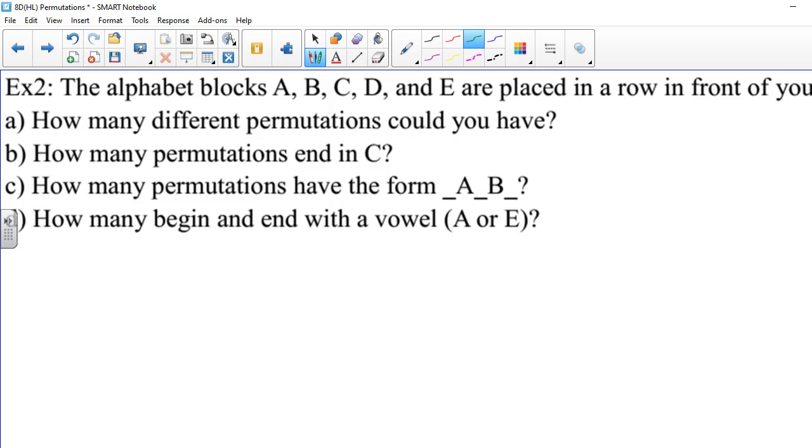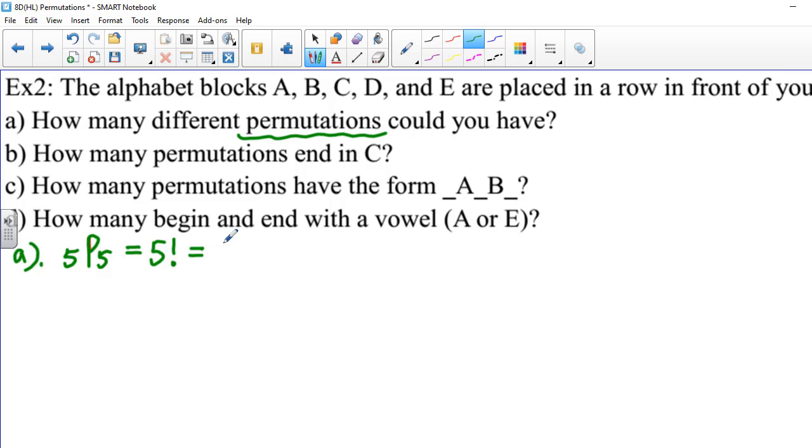Let's look at example 2. The alphabet blocks A, B, C, D, E are placed in a row in front of you. How many different permutations could you have? How many different possibilities could you have? You have 5 objects. You want to take all those 5 objects and line them up. So we can say 5P5 or 5 factorial.